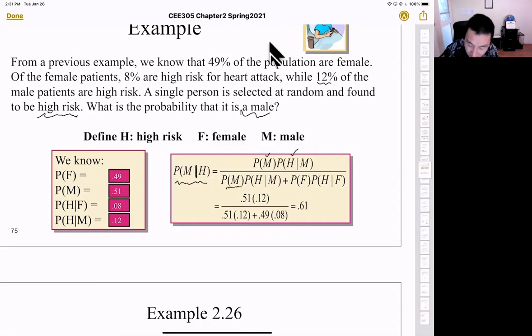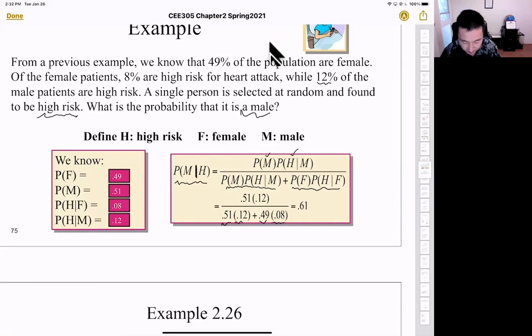F means female, P(H|F) means high risk given female. All this information is already given from the question. Again, you can use this Venn diagram to help you understand.